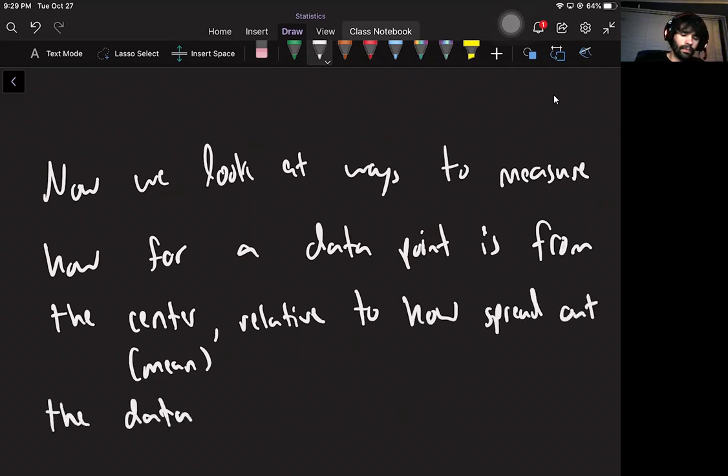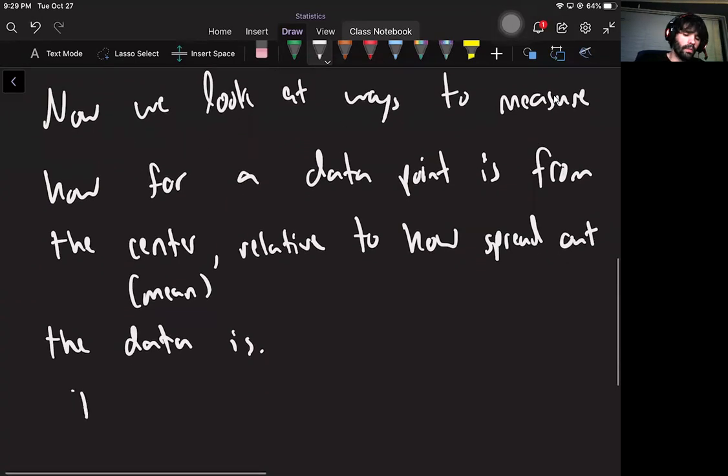So this is what it means to measure position. This measures position of data.